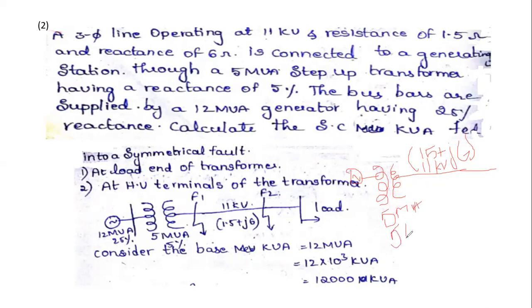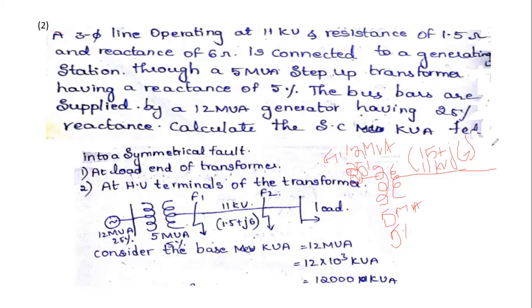The bus bars are supplied by a 12 MVA generator. This is the generator G1, its rating is 12 MVA, having 25% reactance. This is the generator G1 reactance and this is the transformer reactance.